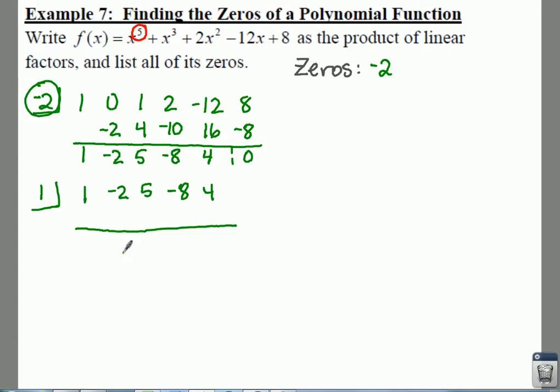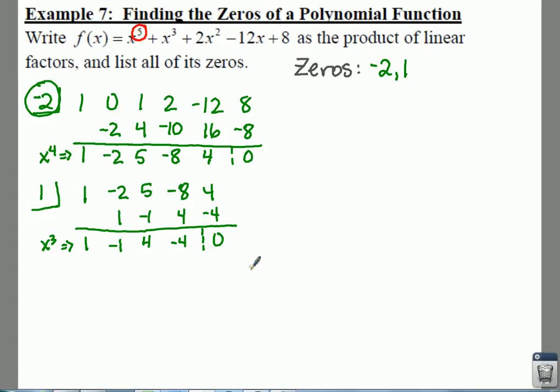And my goal is to keep going down until I get to an x to the 3rd, because this is basically an x to the 4th right here. And whatever I get on this line will be an x to the 3rd. So I bring down the 1. 1 times 1 is 1. Add those, you get -1. -1 is 4. 4, -4, -4. 0. So 1 is a 0.